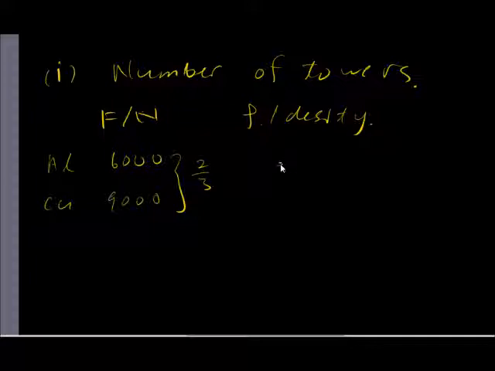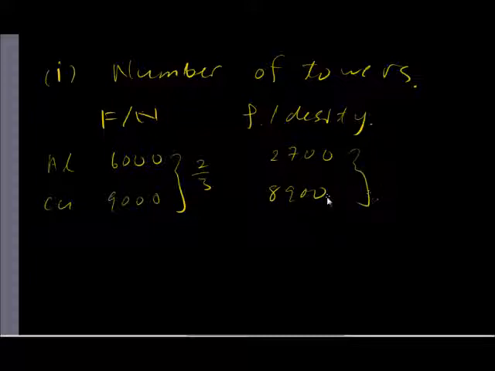As for the density, aluminium is actually much lighter, in the sense that it's less dense than copper. It's only 2700 kilogram per meter cube. As for copper, it is 8900 kilogram per meter cube.